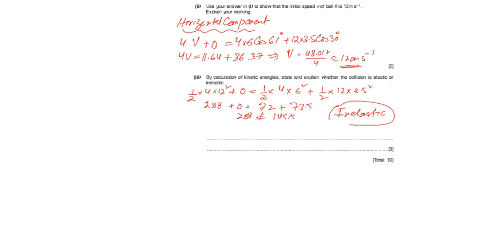We find the kinetic energy before collision is 288 joules and after collision is 145.5, approximately 146. Both sides are not equal. So in terms of kinetic energy, we say the collision is inelastic. It is not elastic.